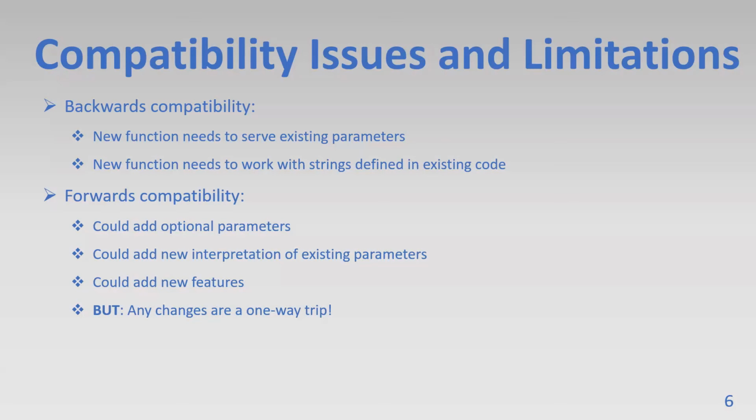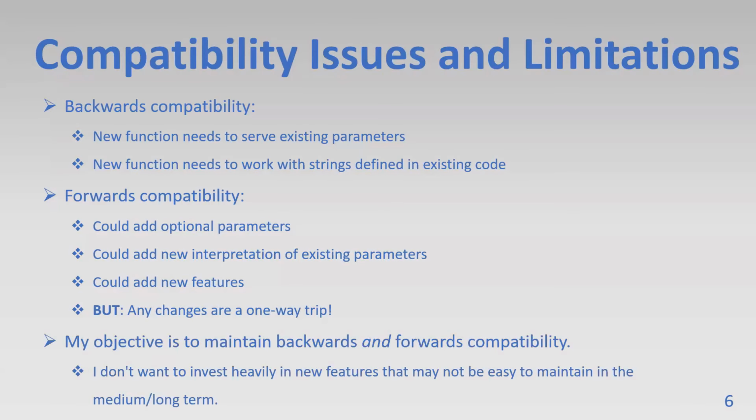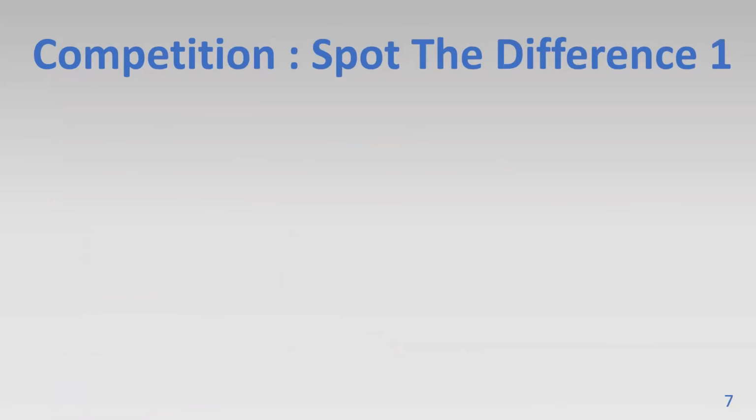I'm creating a new kind of MsgBox, which has new features, which my application would then rely on. So any changes I make are a one-way trip. My objective is to not invest heavily in those new features so that I create myself a maintenance nightmare in 5 years' time when they decide to do MsgBox a different way. Let's have a quick look at what I've actually done with the MsgBox so far and how closely I've managed to mimic it.